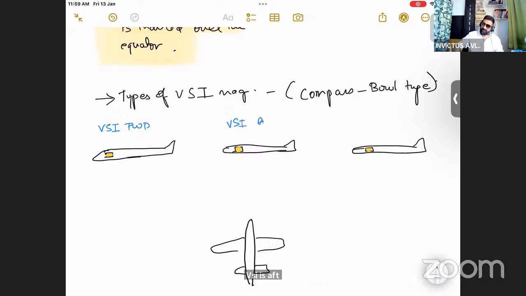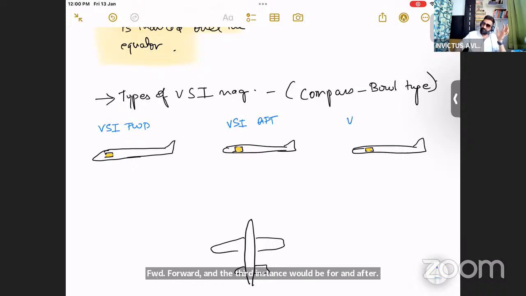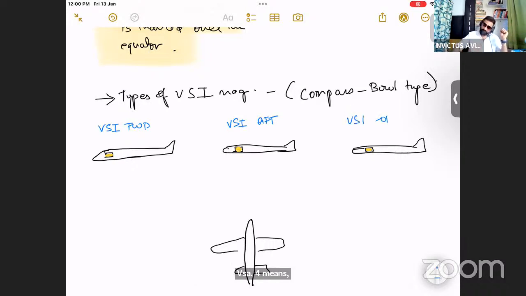Aft of your compass itself, whatever compass you're using. AFT aft, FWD forward. And the third instance would be fore and aft. VSI fore means forward and aft. How would it look like?